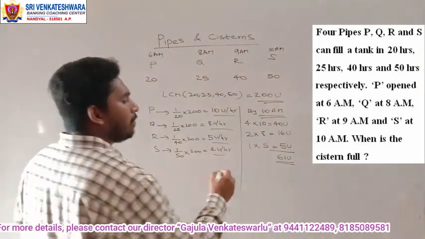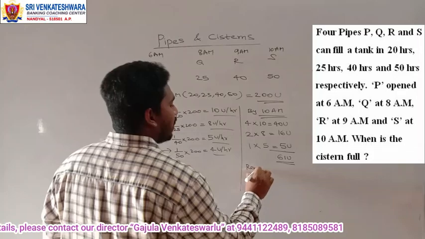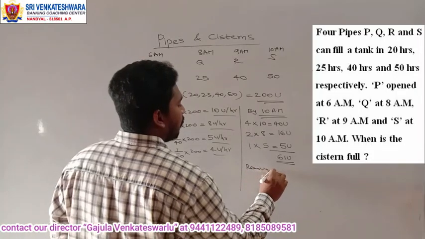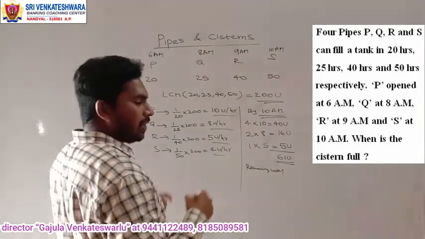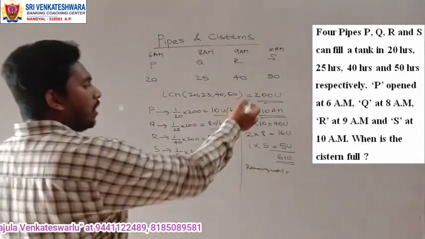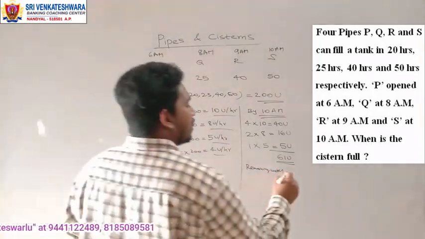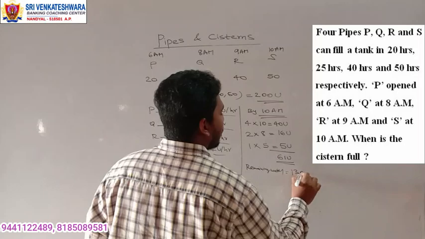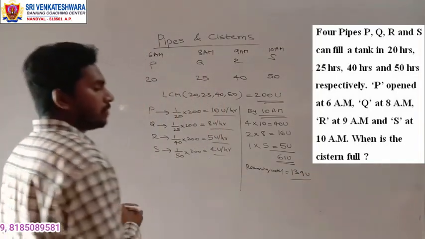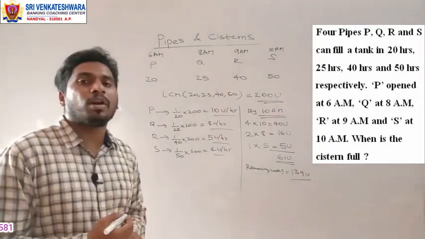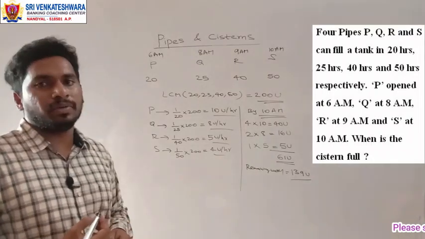Then what is the remaining water? The remaining water volume will be 200 minus 61, so that is 139 units.